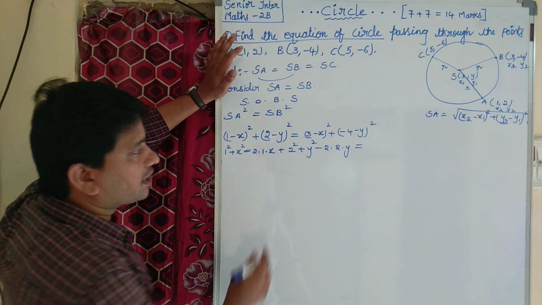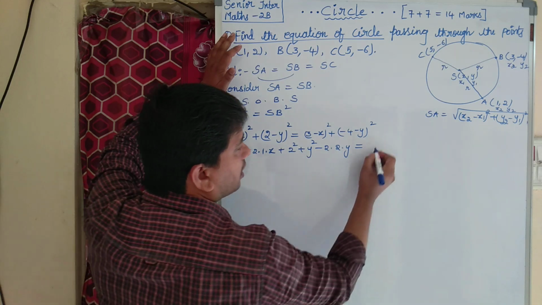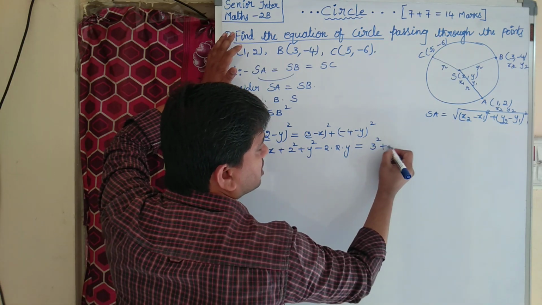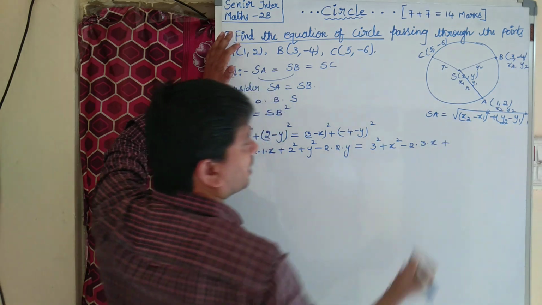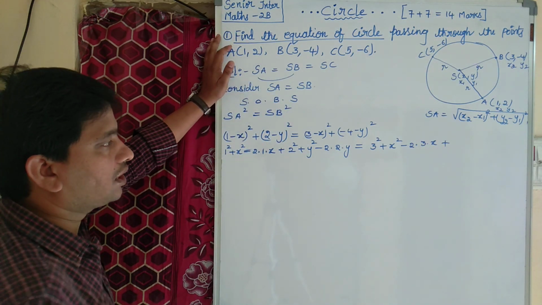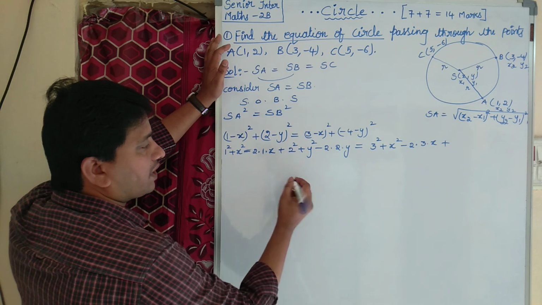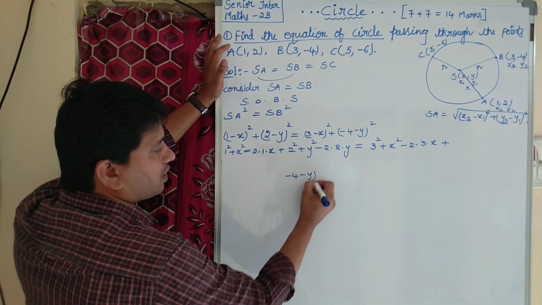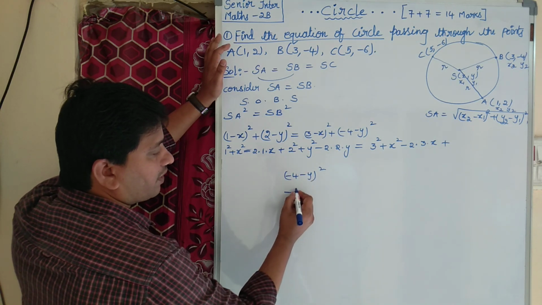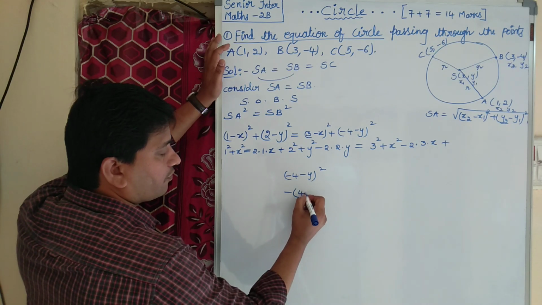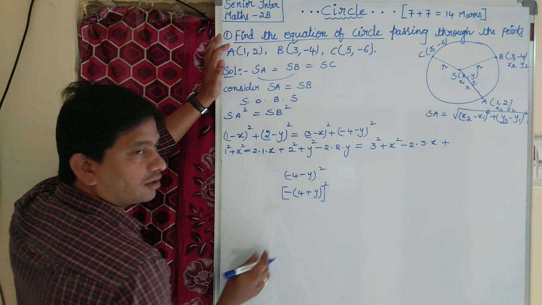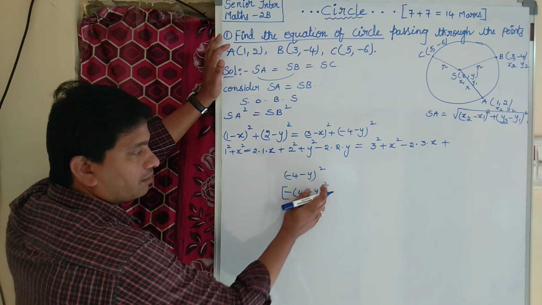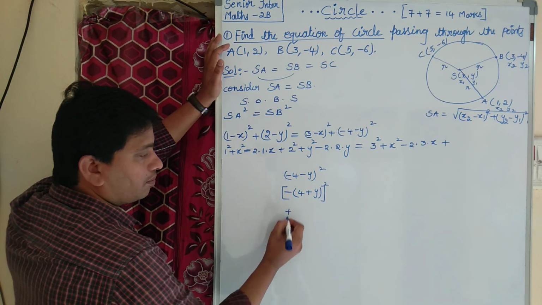Now coming to the right hand side, we have (3 minus x) whole square, again (A minus B) whole square: A square plus B square minus 2AB, plus, children, what do we have here? (Minus 4 minus y) whole square. If I take minus common, I will get (4 plus y) whole square. We know that if the power is an even number, the result is positive.